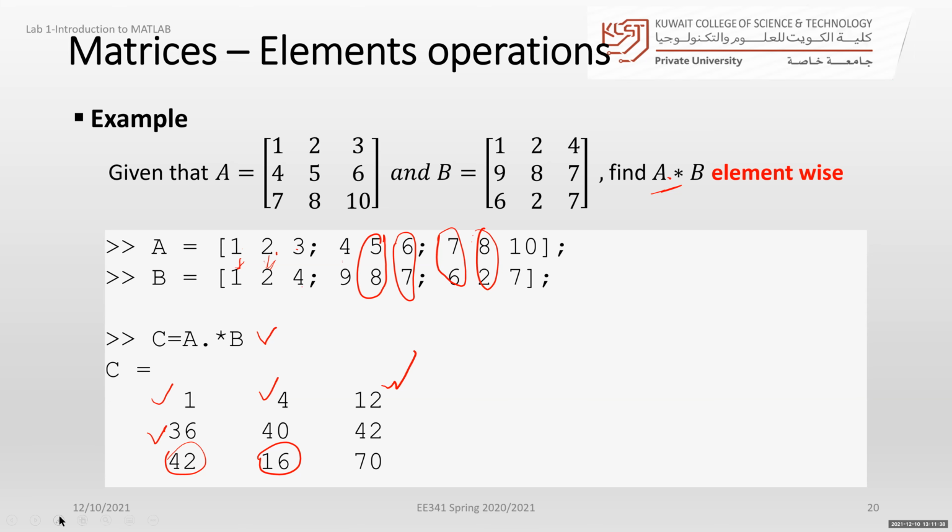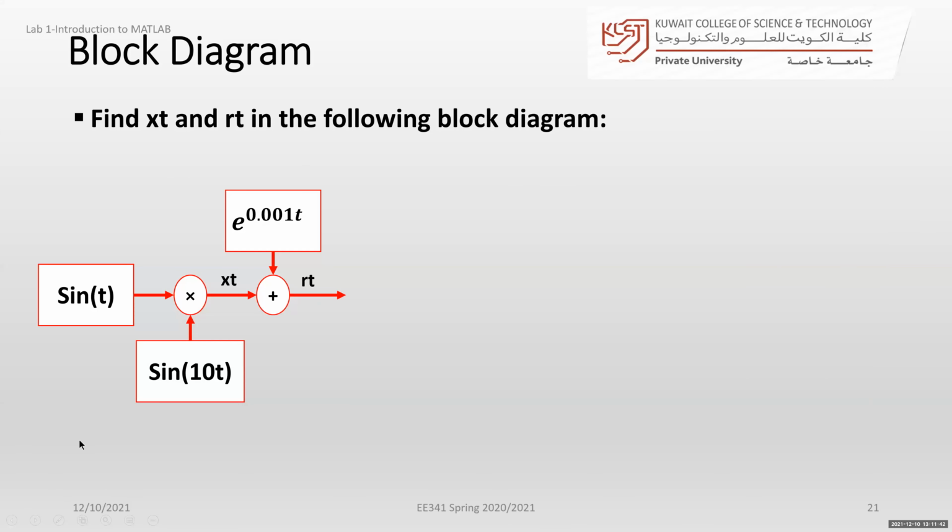Okay, this is important. Then, for example, I have a signal which is the function sine of t, and I have another signal which is sine of 10t. First of all, I will define my scale. Let's say scale t is equal to 0 to some increment, and then the final value 2 or like 10, whatever.